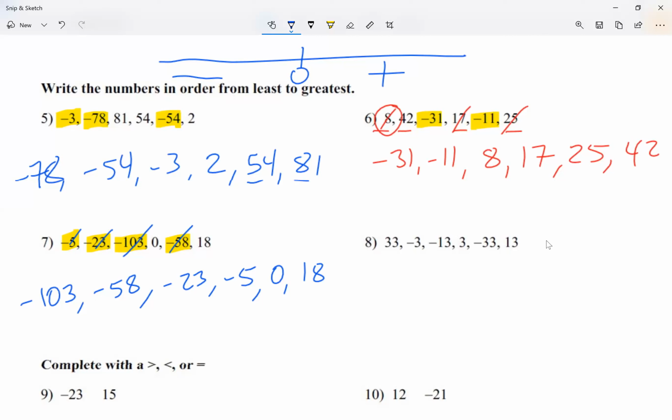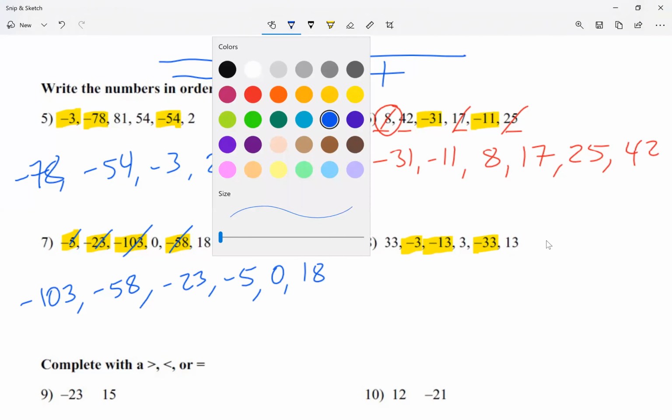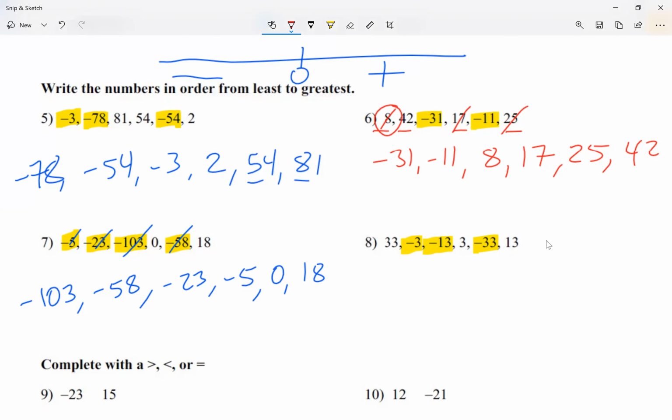All right, let's take a look at question number 8. First of all, let me look for my negatives. Negative 3, negative 13, and negative 33. If I was to put them on the number line, farthest left will be negative 33. So that means that's the smallest of the 3. And then negative 13 and negative 3. So I put my negatives in order.